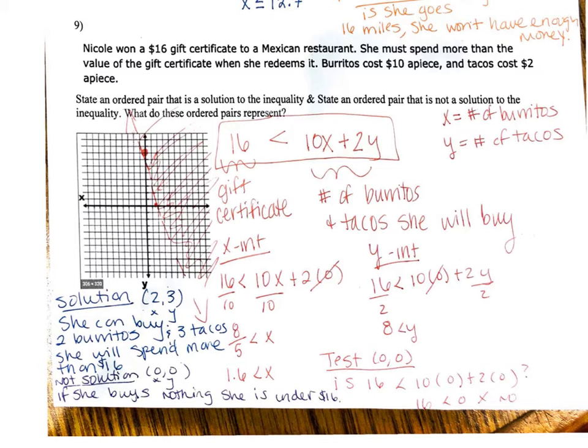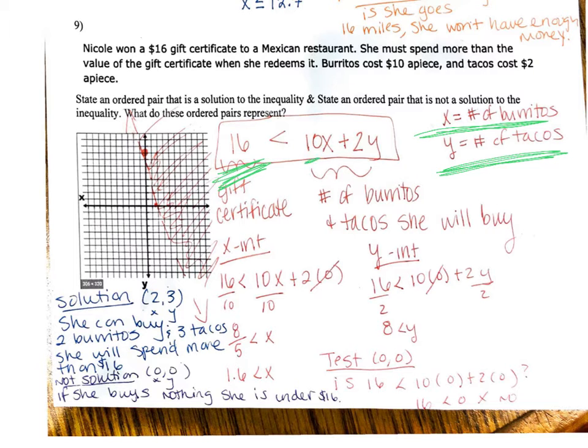Now for this bottom one, you should be able to set this one up. We've done a few like this in class. So if someone has a gift card, it's $16, because this one has two variables that you see in the original inequality. It says that burritos are $10, so x is the amount of burritos, and tacos cost $2, so y is tacos. Find combinations where she has to spend more than the value of the gift card.